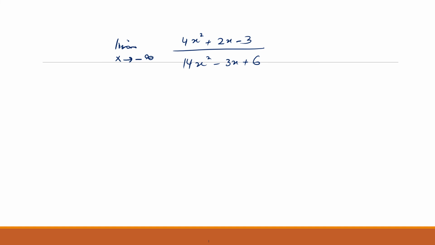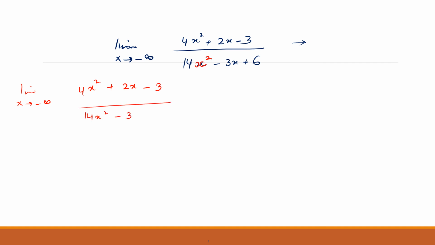Okay. Now, first thing is focus on the denominator variable and pick the variable with the highest degree. So in our case, it's x power 2. After that, divide the whole equation by that variable with the highest degree.